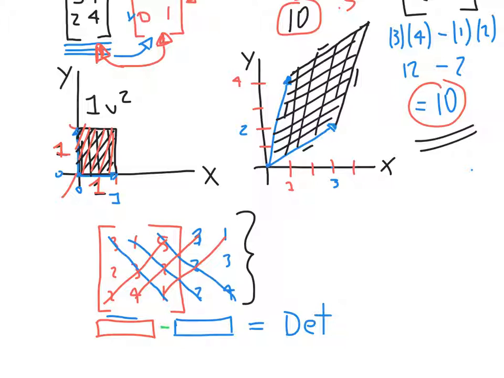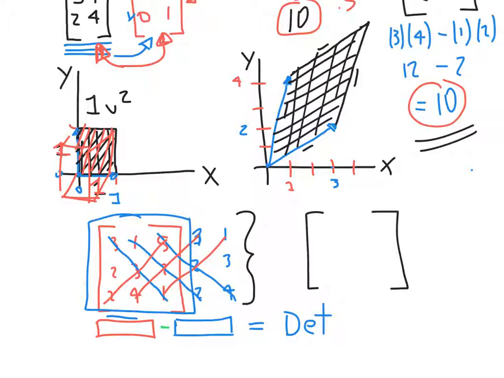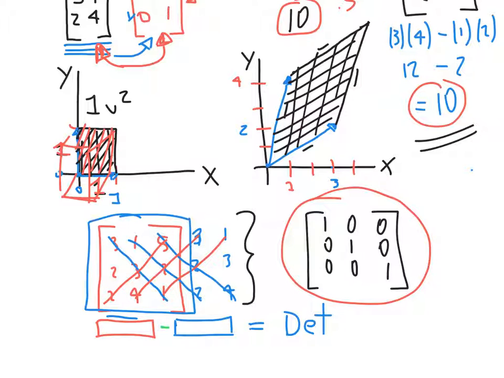So now we are not talking about area, we are talking about volume. So we could say that the new matrix has some larger or smaller volume than, for example, 1 0 0, 0 1 0, 0 0 1, a 1 by 1 cube, which is described by this new 3 by 3 matrix.